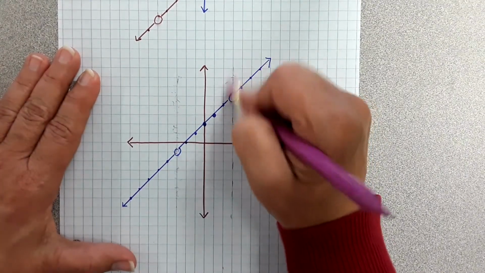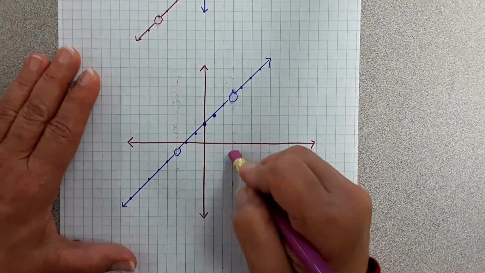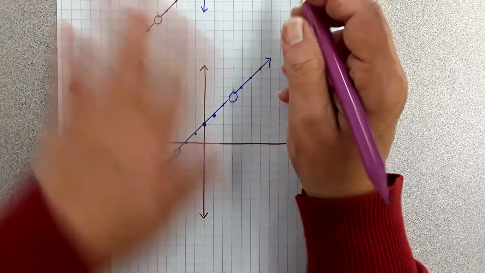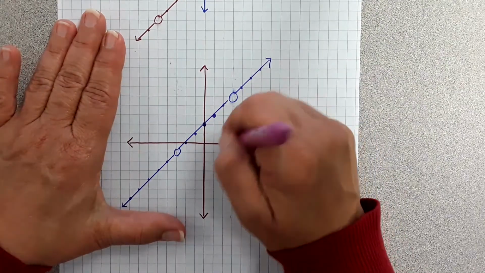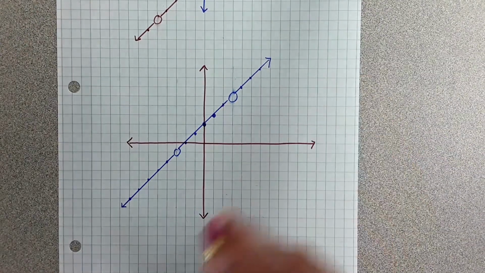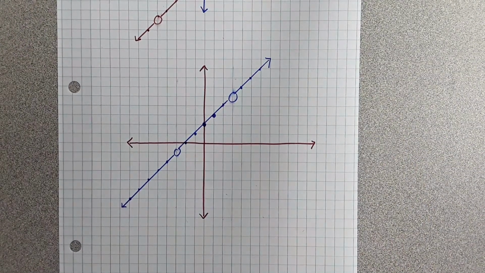It just means there's a little break in that line at 3 and negative 3. Now again, you guys, the only reason I put the vertical asymptote in there is so I would know where to put my point of discontinuity. It becomes a discontinuity because it canceled out in the denominator. So it's called a hole in the graph or a point of discontinuity.